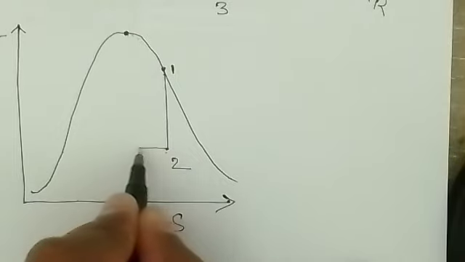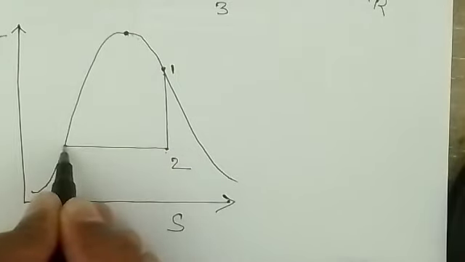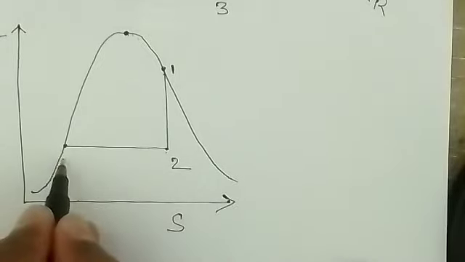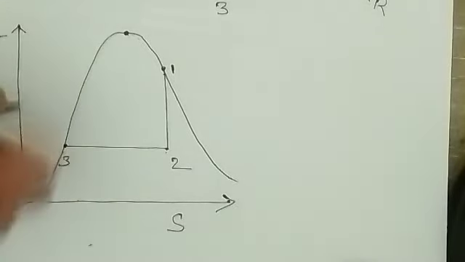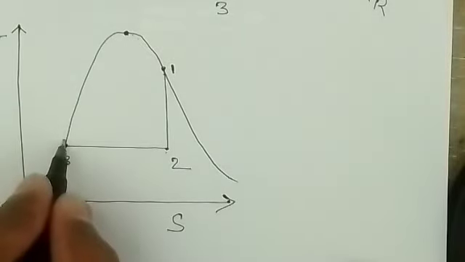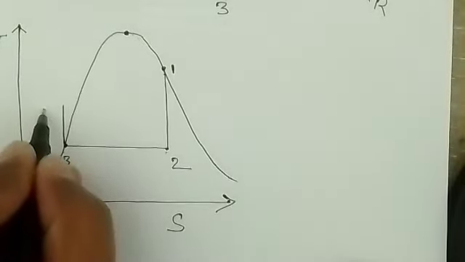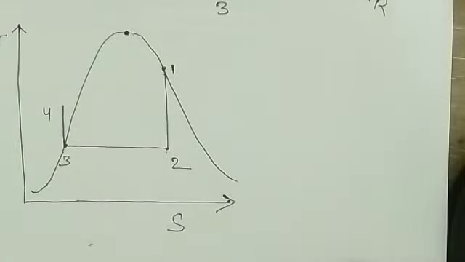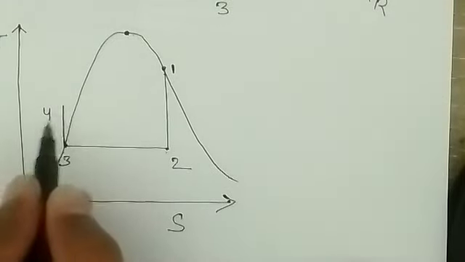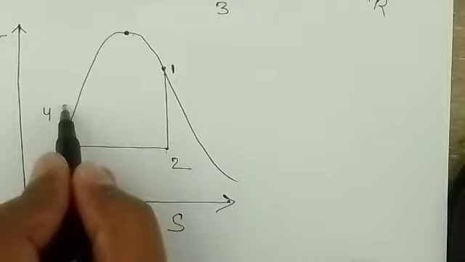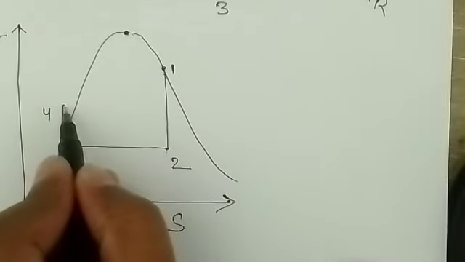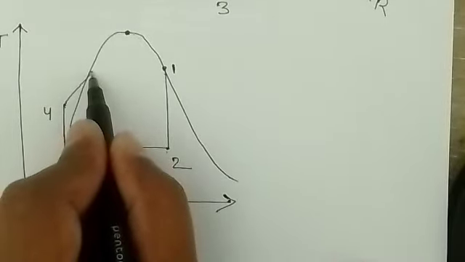Now the condensation will take place and the whole vapor will convert into liquid at point 3, right? And after 3 you have to pump the fluid to the boiler. So 3 to 4 we are pumping, means work is supplied to the pump, and this is the isentropic compression. Again 4 to 1 we are supplying heat at constant pressure.